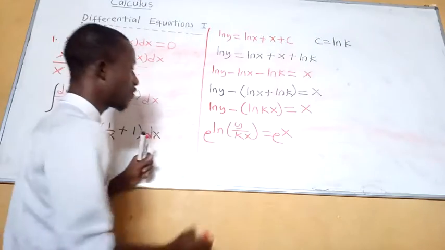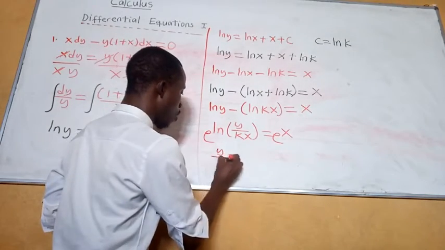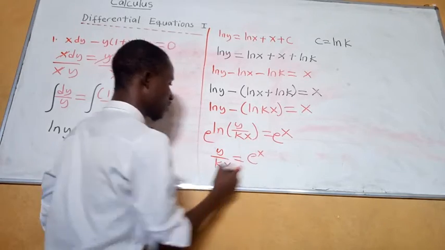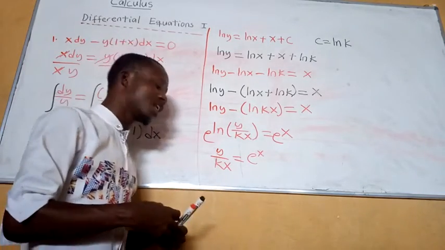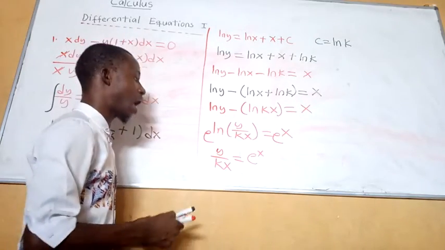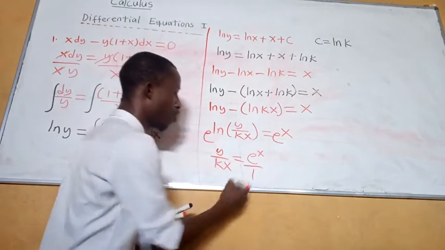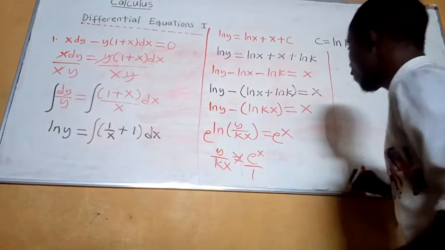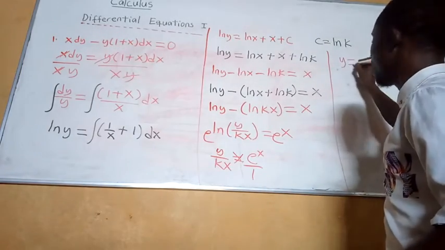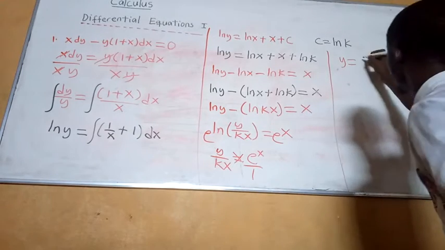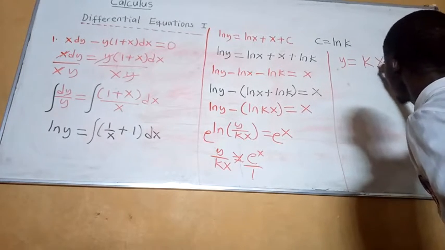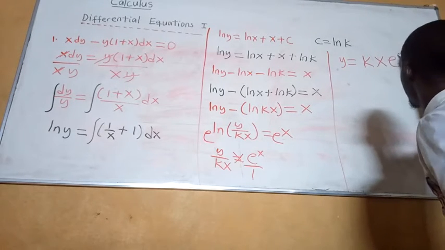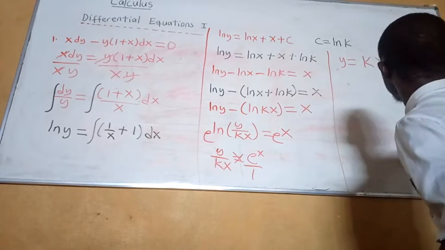So here we have y over kx equal to e to the x. We can now see that it is much easier for us to solve for y. So we balance e to the x by 1 and do our cross multiplication. We can now see that y is equal to kx e raised to the x. So this is our general solution.